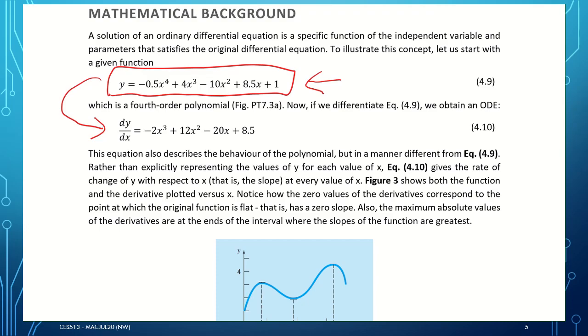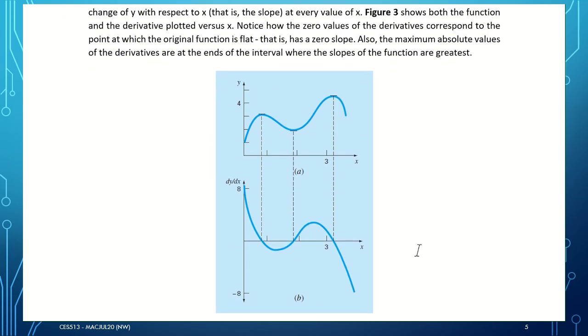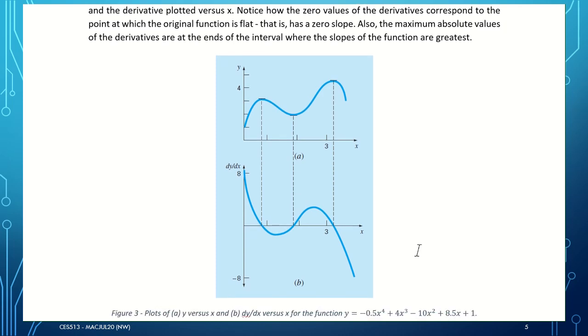So here, figure 3 shows that both the function and the derivative are plotted versus x. We have the original function and the derivative function plotted with respect to x.